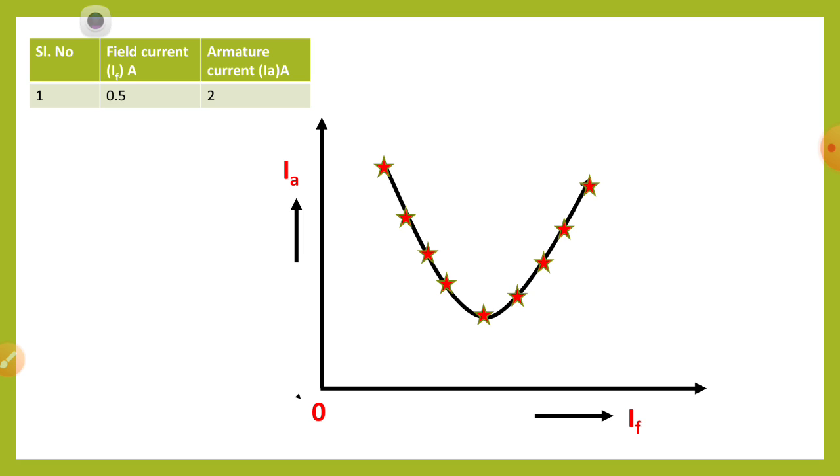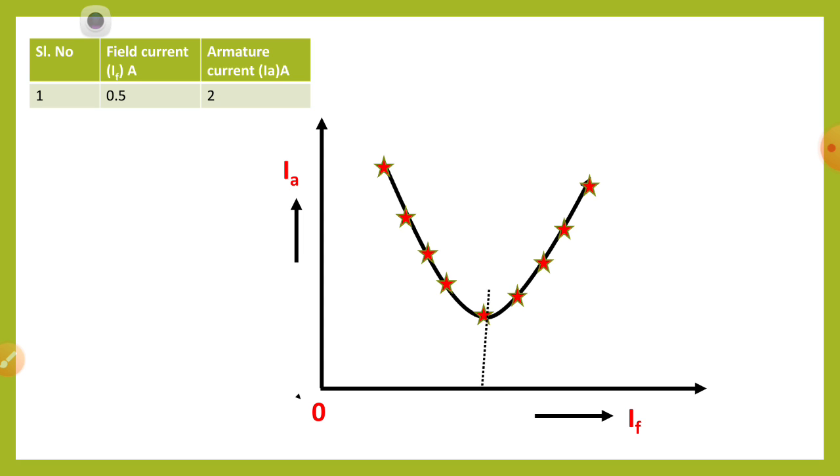You take the readings and plot on a graph, taking the x axis as field current and the y axis as armature current with a suitable scale, plot the points and join the line. You get one curve that looks like the English letter V. So it shows a V curve.